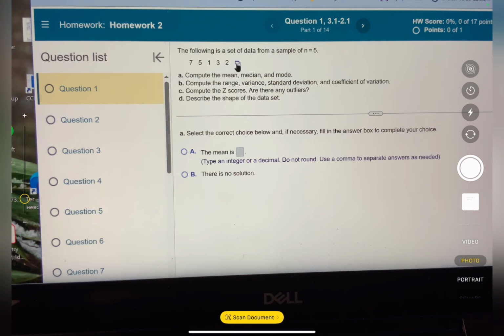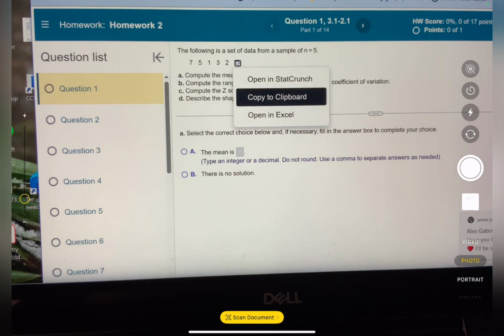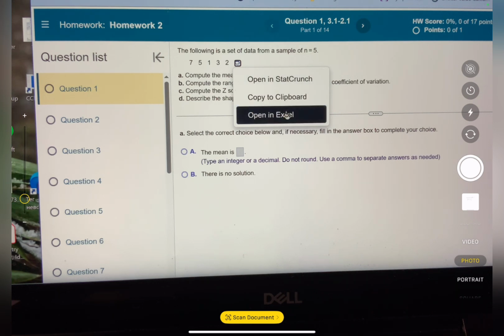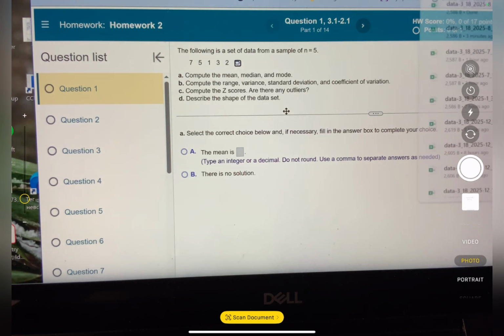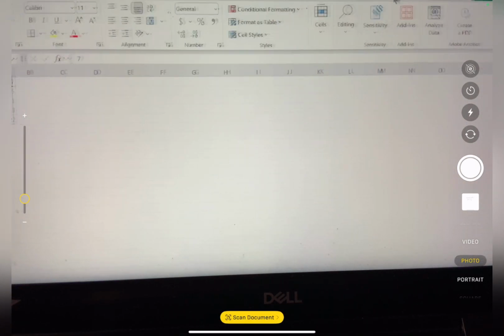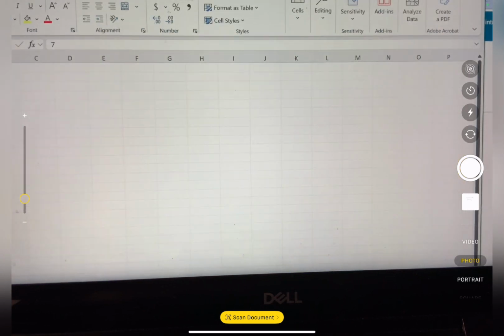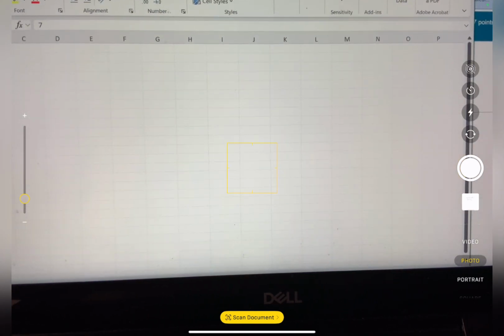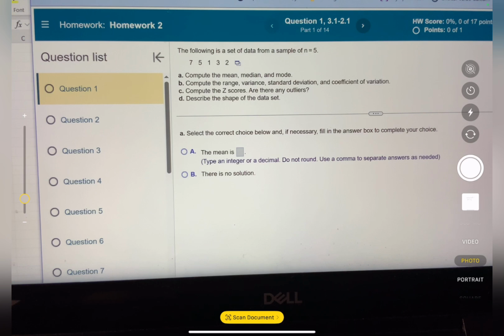First, I'm opening my table in Excel. All right, we have it. Now, the first thing we need to find out is the mean, median, and mode.